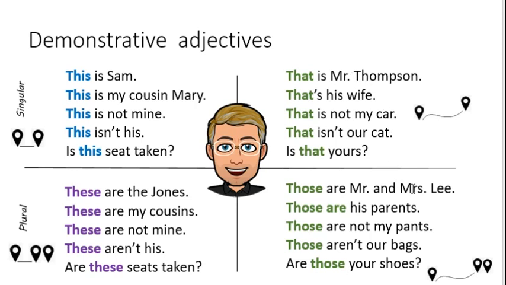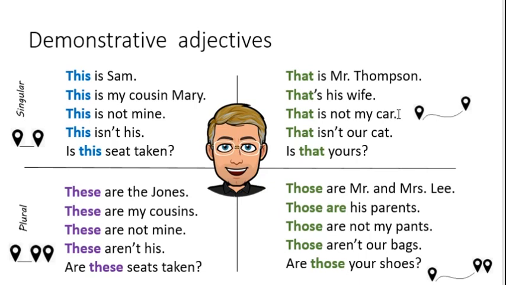If you see MRS plus a period, you pronounce it Missus. So that's Mr. and Mrs. Thompson. That's his wife.